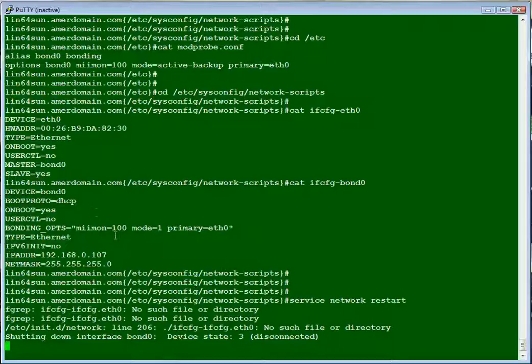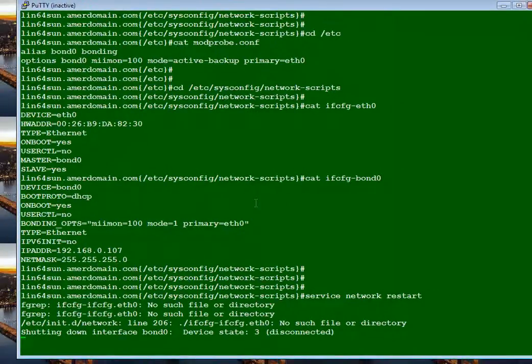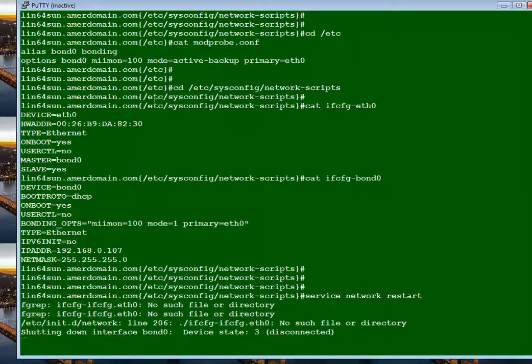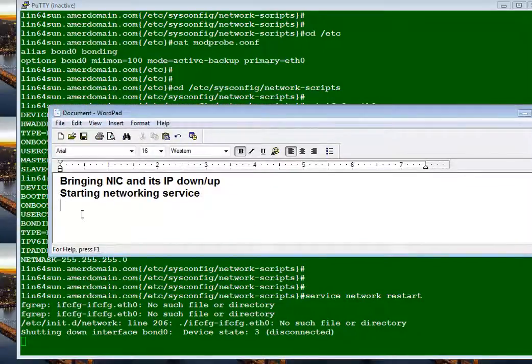I wanted to show the ethtool, but this machine is down right now. Basically, you type ethtool and put in your ethernet card name, like eth0. It will display all the parameters.